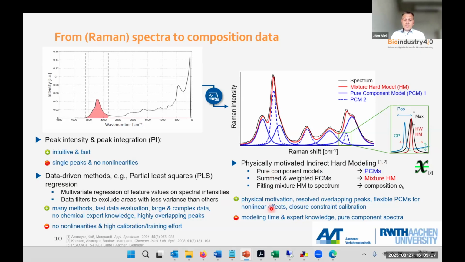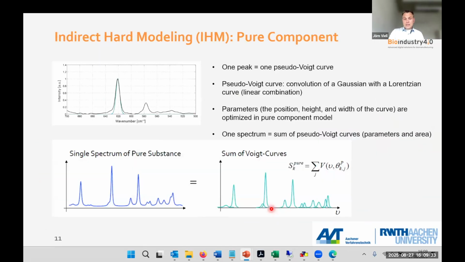It is a physically motivated approach, and it can also deal with some nonlinear effects. However, it will also require some expert strategy in order to come up with a good model, but gives you the advantage of exploiting further data for other parts that have not been quantified. We will see that in the outlook.